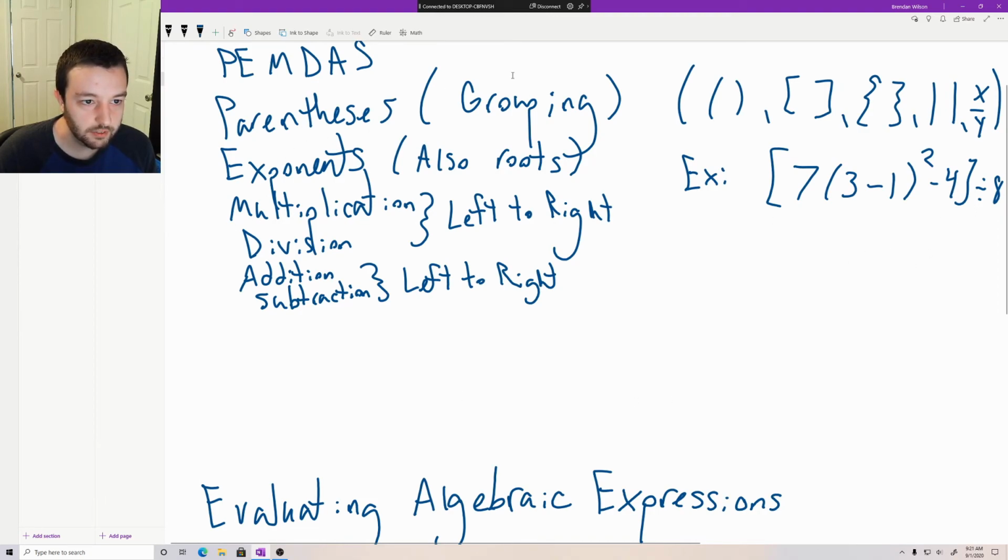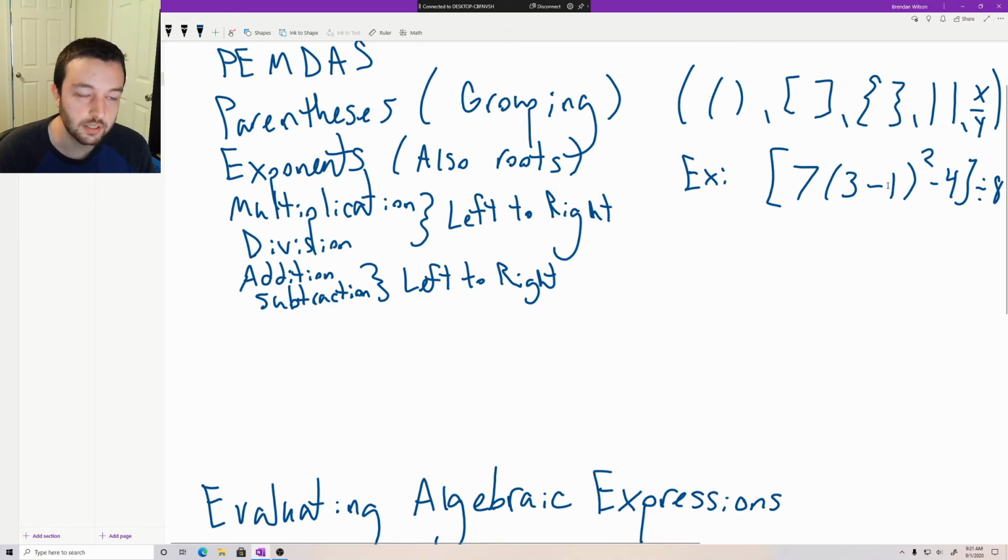But brackets fall under the grouping category, so we should go for that first. Now looking inside the brackets, we have multiplication, exponent, subtraction, and parentheses. Out of all of those, parentheses goes first.